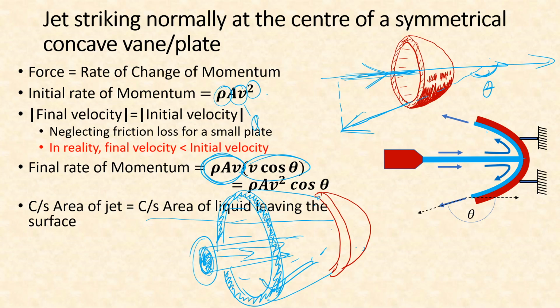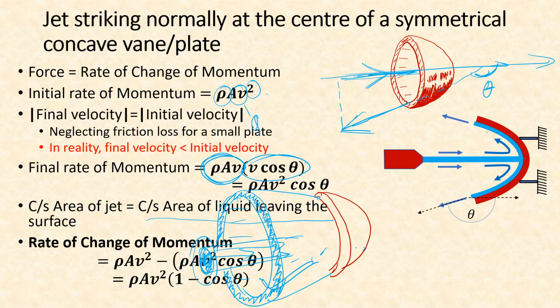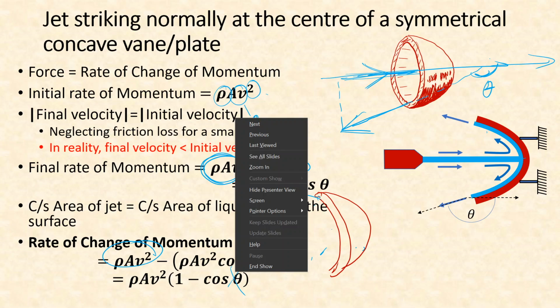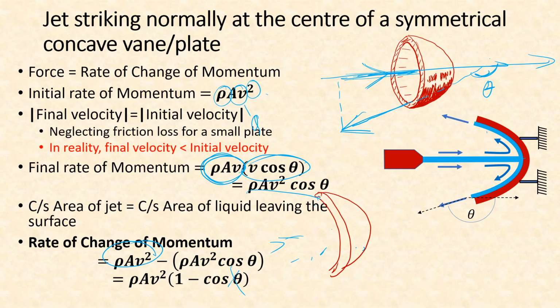Now after that, the rate of change of momentum is the initial rate of momentum minus the final rate of momentum leaving the plate, which is rho a v square cos theta, and therefore finally we have the force equal to rho a v square into 1 minus cos theta.